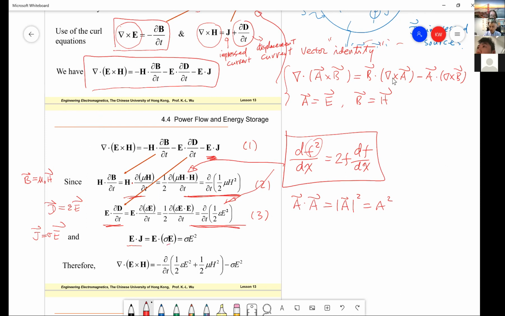We replace J by sigma times E, where sigma is the conductivity of the medium.